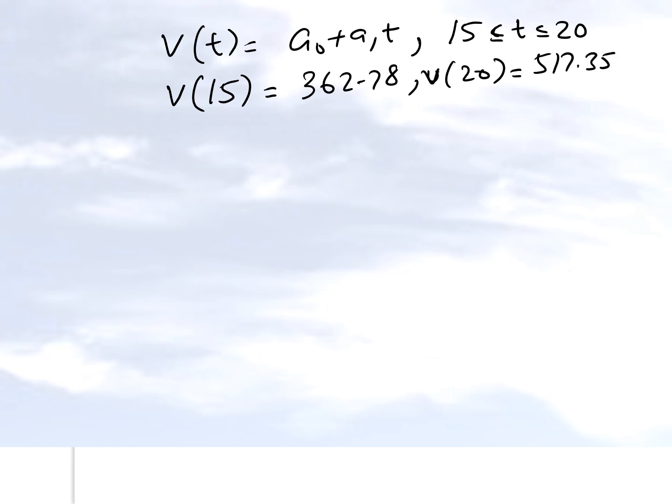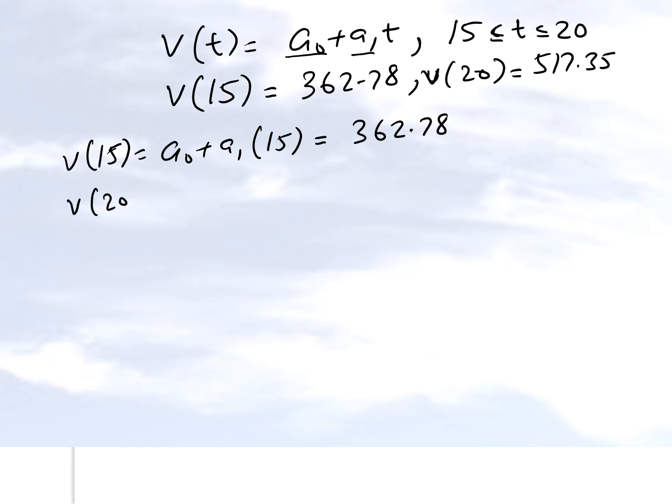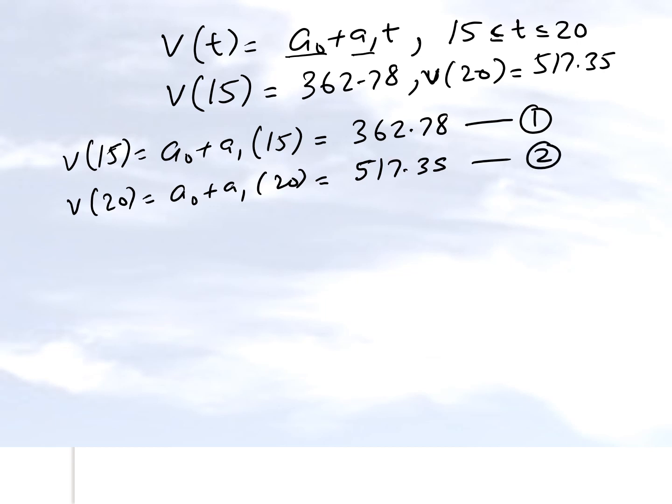Let's use this to find a0 and a1. The velocity at 15 is a0 plus a1 times 15, and that equals 362.78. Similarly, the velocity at 20 is a0 plus a1 times 20, and that equals 517.35. You can see these are 2 equations, 2 unknowns. That's how it gets set up.